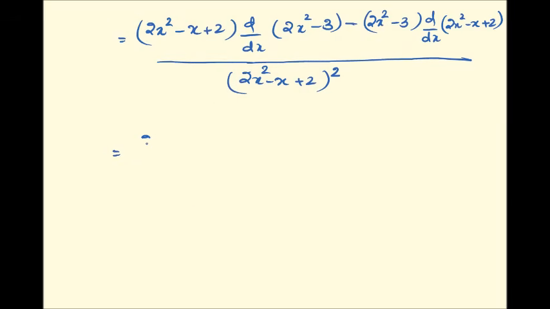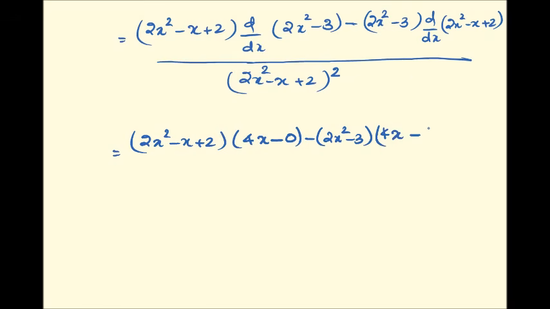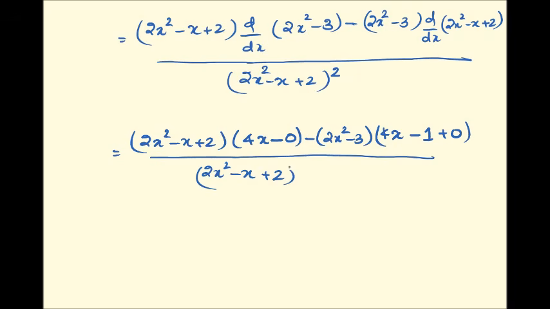That's equal to 2x square minus x plus 2 into, derivative of 2x square is 2 into 2, 4x, 3 the derivative is 0, minus 2x square minus 3 into 4x minus 1 plus 0, the whole divided by 2x square minus x plus 2 the whole square.